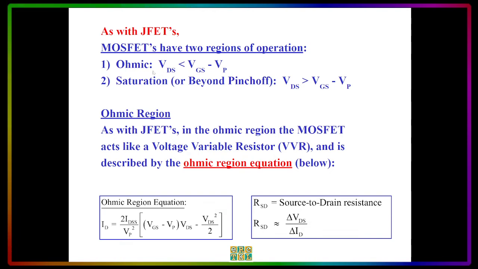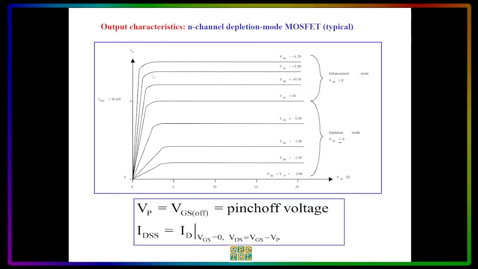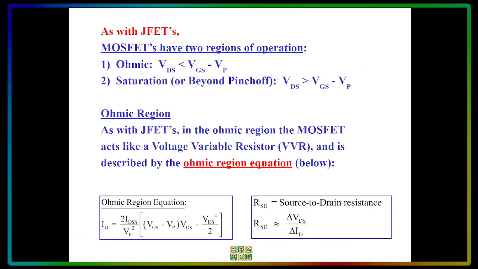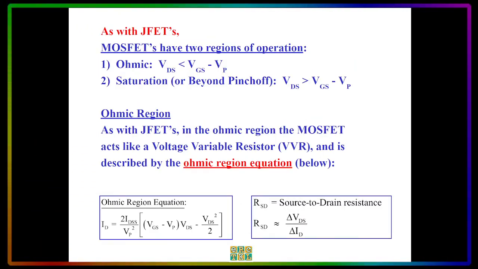Then this is the ohmic region. Same as the ohmic region that I have shown you before, where the ID is continuously increasing from 0 up to a certain value. As long as it is still increasing, that's called the ohmic operation region.